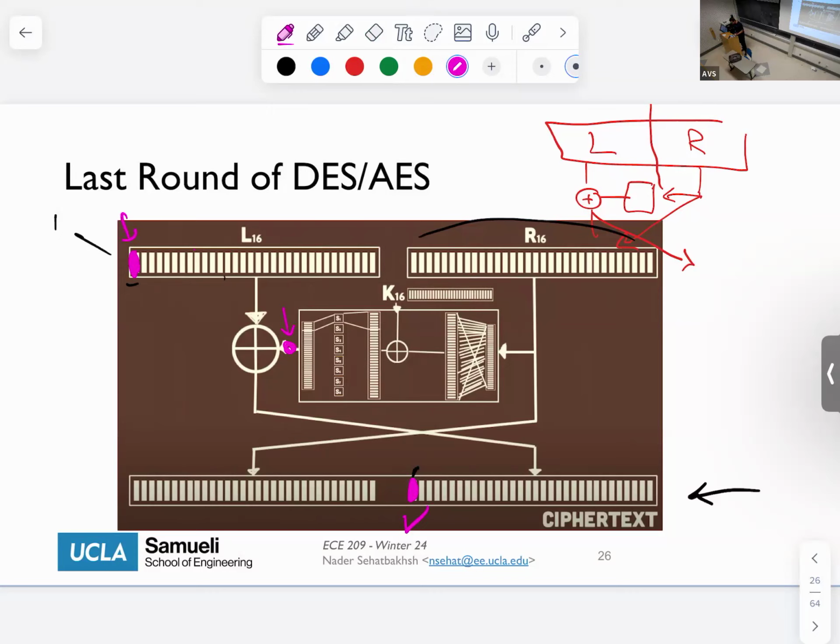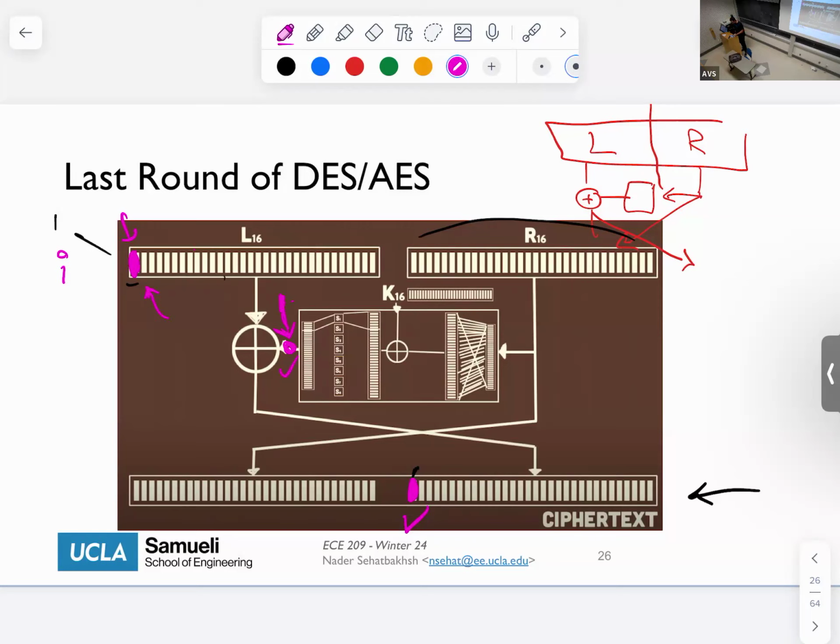So here's what I'm going to do. I'm going to make some guesses and then find this. Based on that, I'm going to predict this. Then I'm going to have some signals and categorize them based on whether this is 0 or 1. And then I'm going to test whether that guess was correct or not, because that guess was based on this thing here. If it was correct, it means I made this guess correctly.